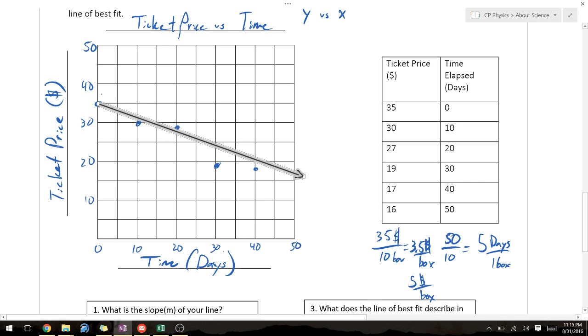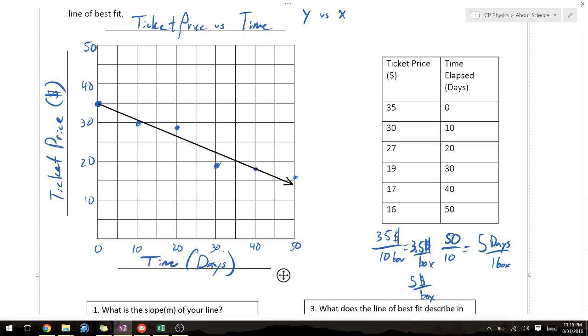Looks like it's a little bit too high. I want to make it a little bit lower. Actually, maybe something like that. That's pretty good. So if you make a graph like this, where we have the labels, the units, the scaling, the data, and the line of best fit, that would be great. You would definitely get 100% for that graph.